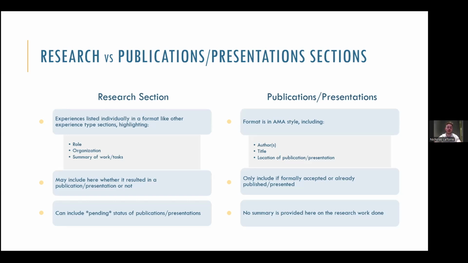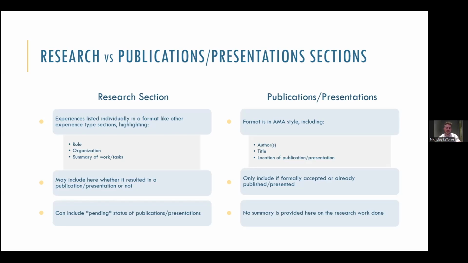We would recommend for students that they only include things that are accepted or actually completed, published for instance, or presented, as a publication, presentation, or abstract, not things that are pending review. Now, there are maybe some arguments for that sometimes as far as how close some things might be, or if it's along the way of a process.